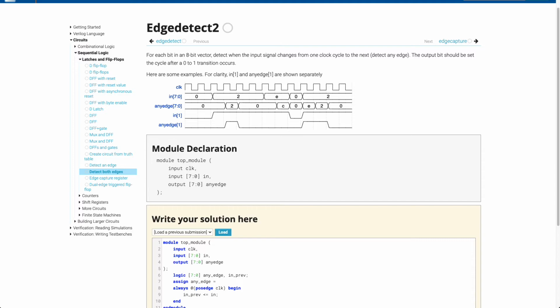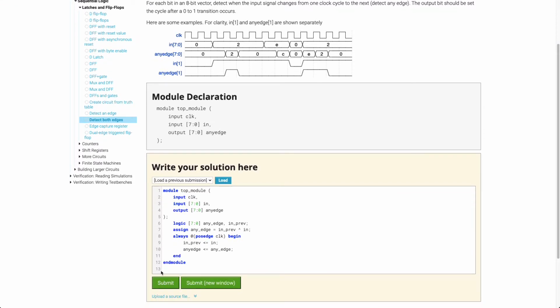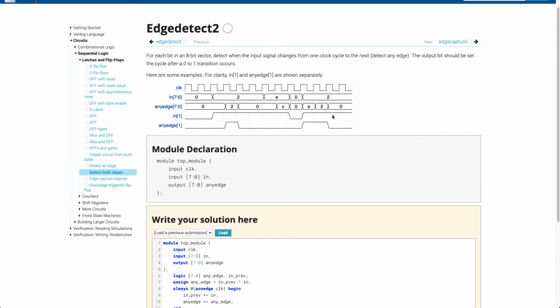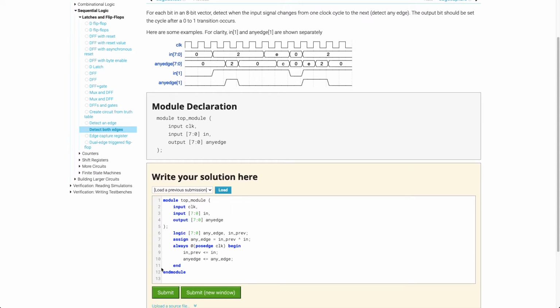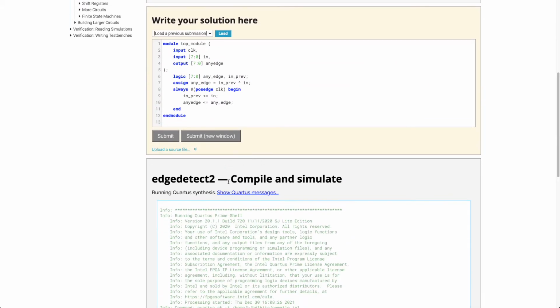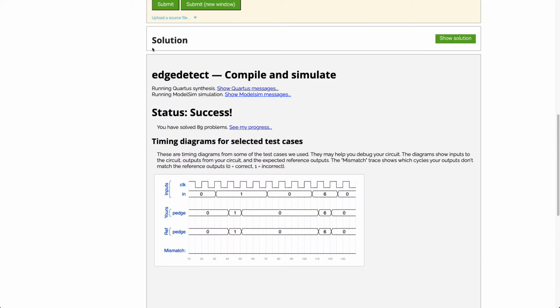So any edge is going to go from, like, if there's any difference detected. Okay. Let's see, no mismatches, cool.